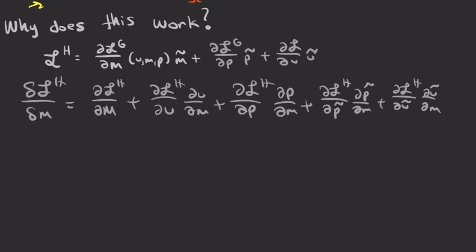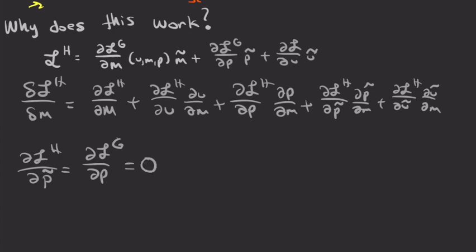So let's look at partial Lagrangian with respect to p tilde. And the only term that has the p tilde is the fact that we've put that in that direction. So if we take that derivative, this is just the partial of the gradient's Lagrangian with respect to p.